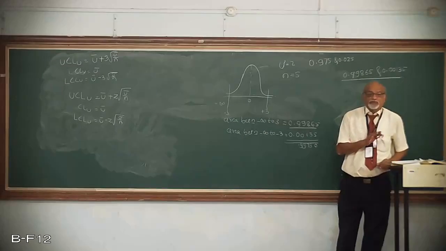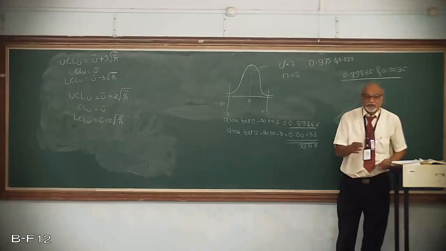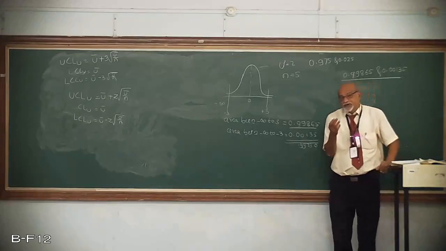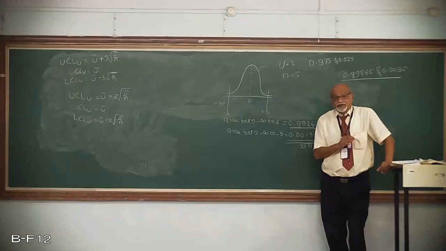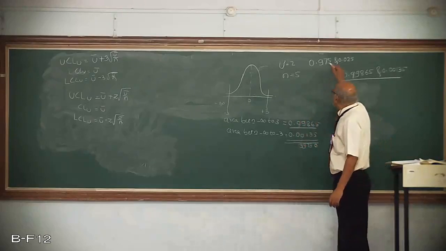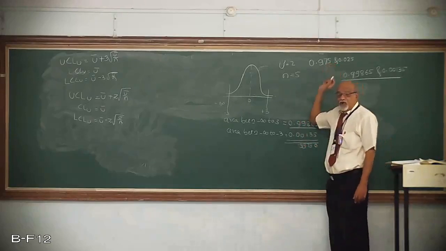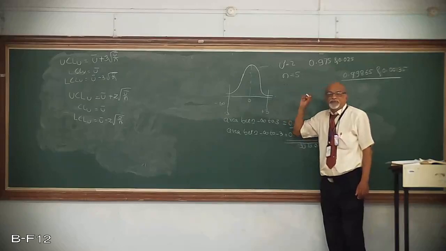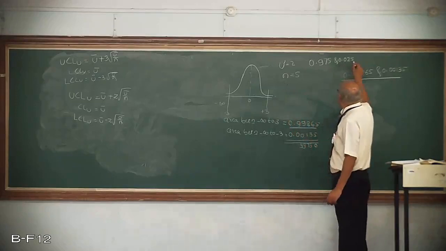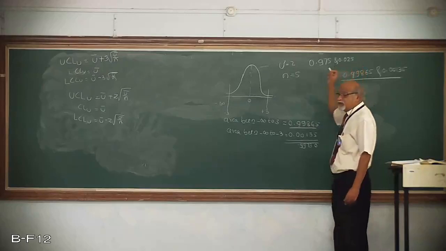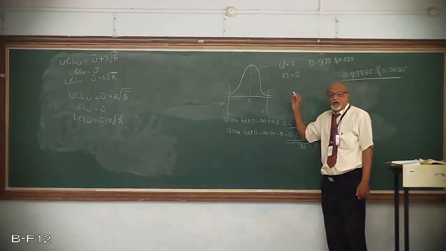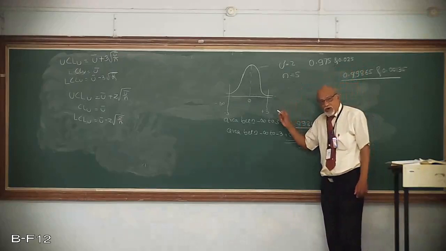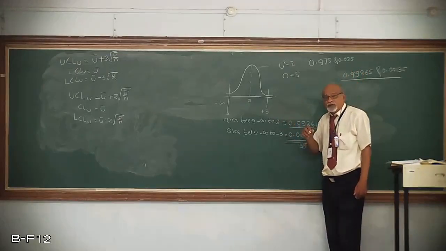If so, what should be the value of Z? The question I am asking is the other way around. He wants 97.5% of the values to fall below the upper control limit, and 2.5%, that is 0.025, 2.5% of the values, to fall below the lower control limit.